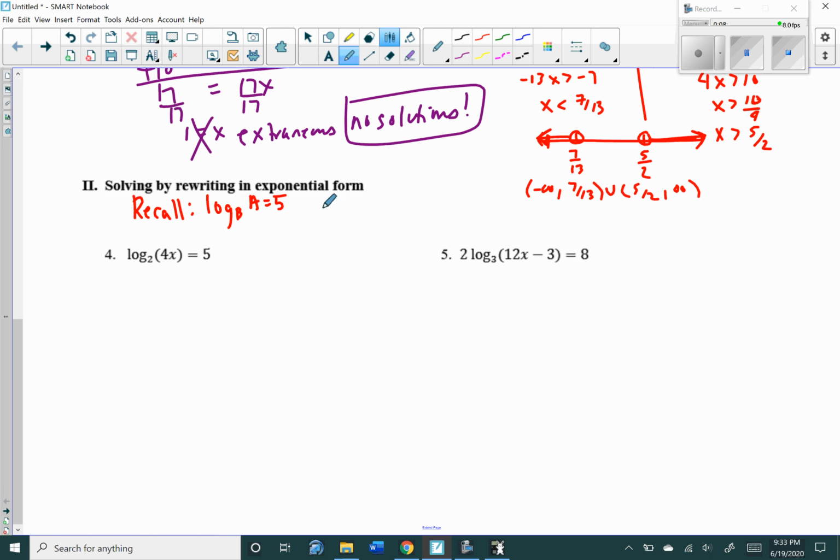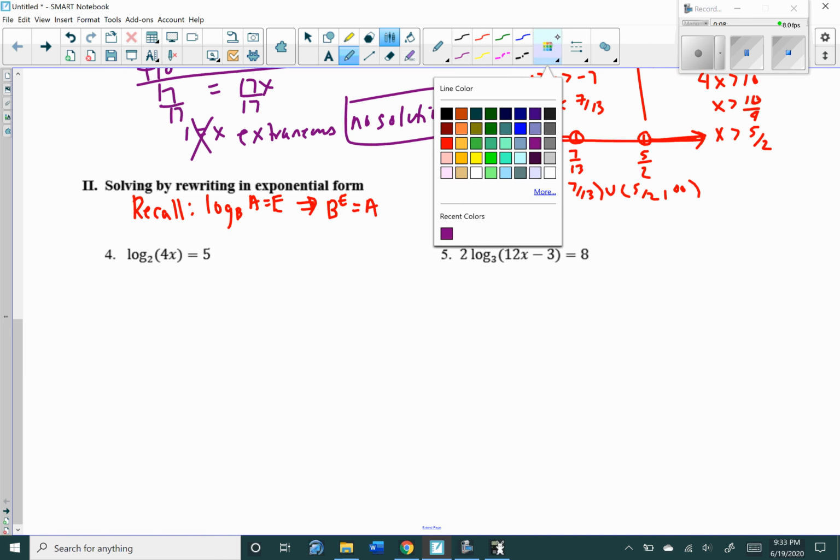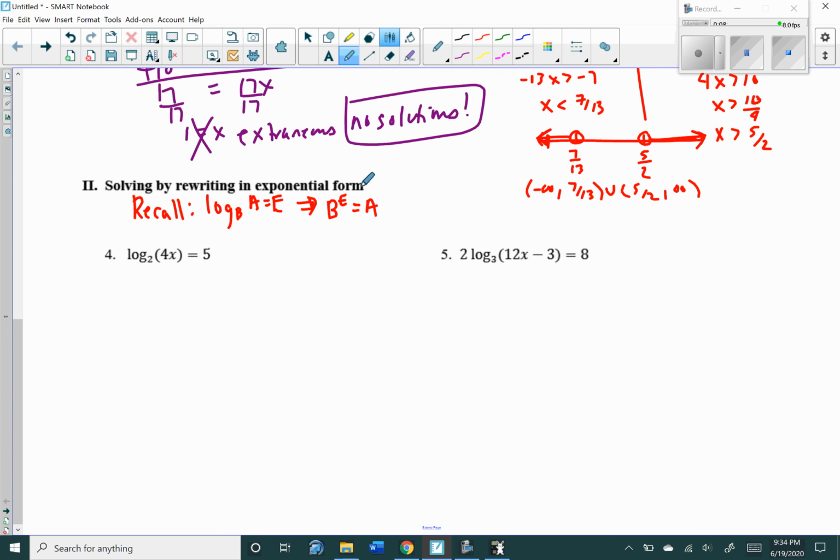If I want to rewrite this in exponential form, the base stays the base, so b, to the e power equals a. And if I want to solve by rewriting in exponential form, you want to isolate the log expression first.